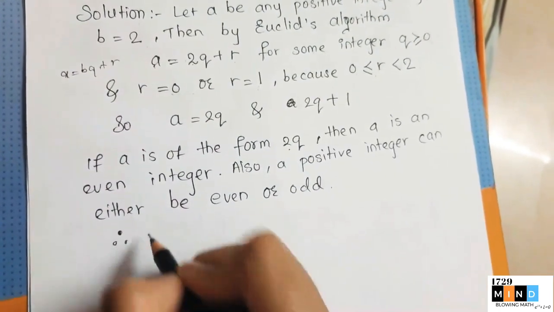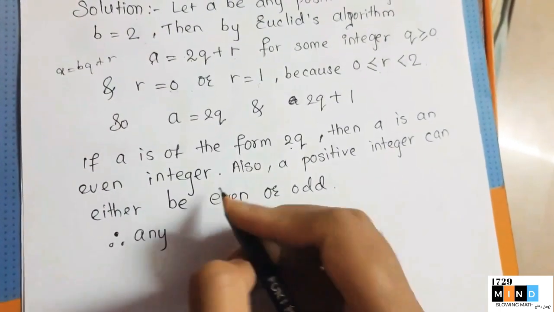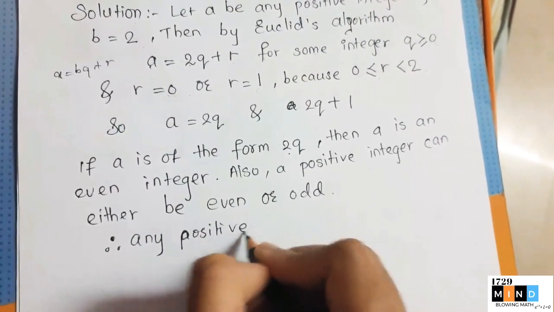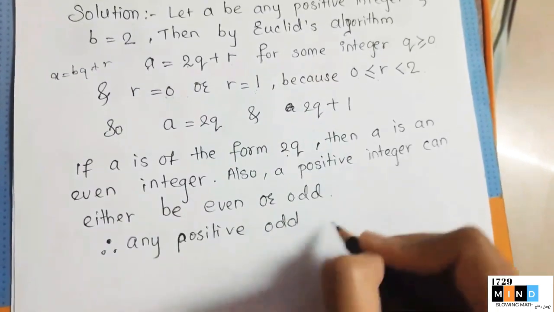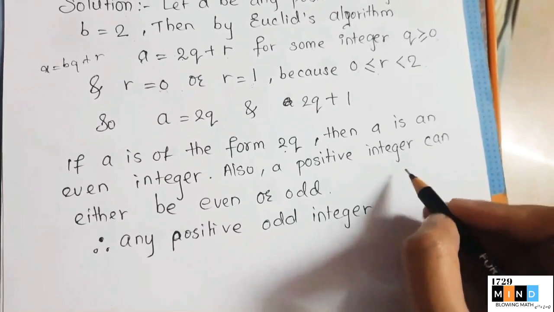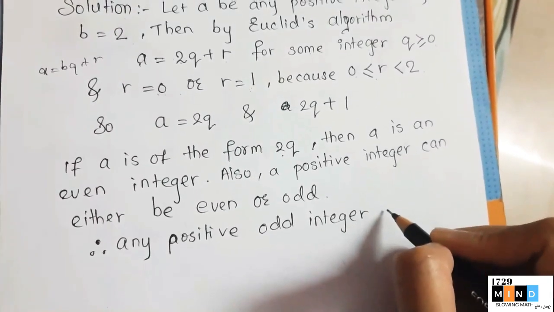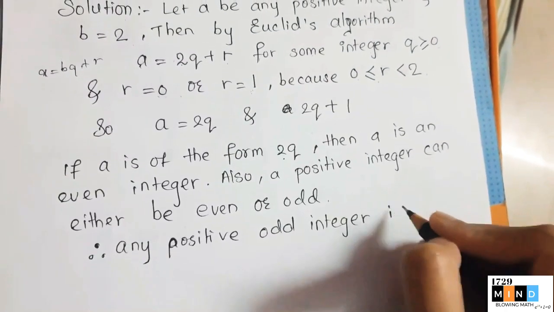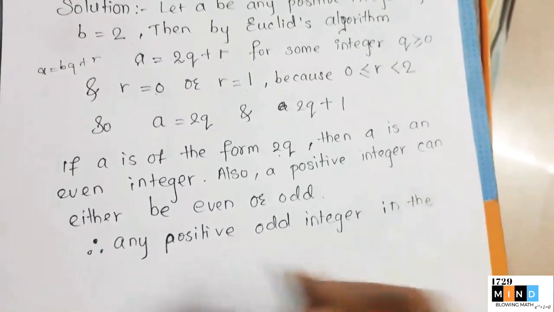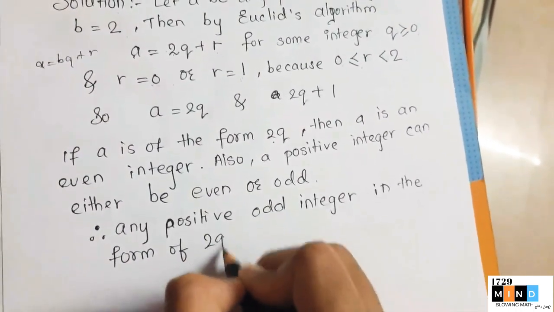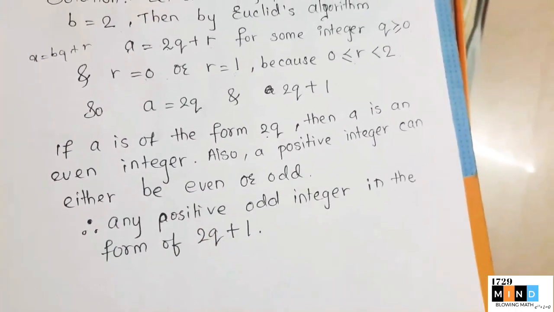So therefore, for any positive odd integer, Euclid's algorithm will be in the form of 2q plus 1.